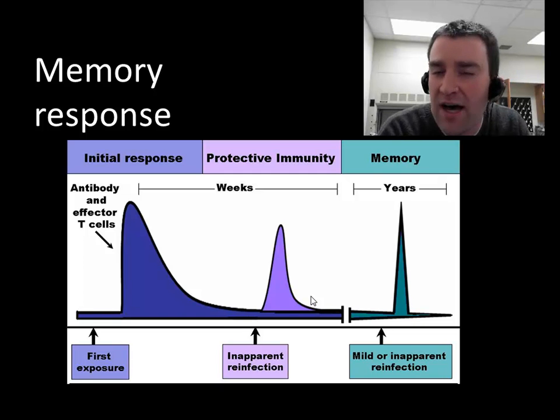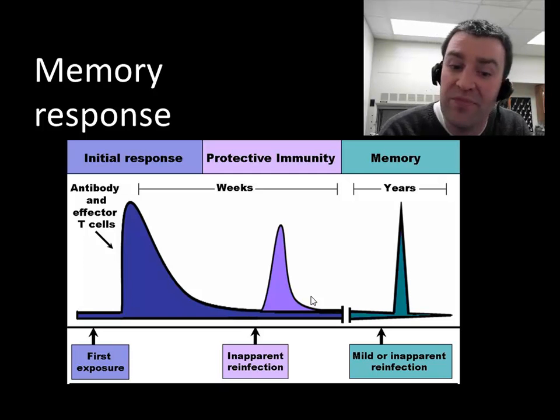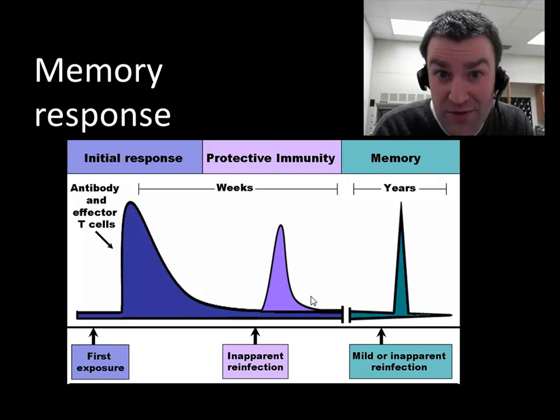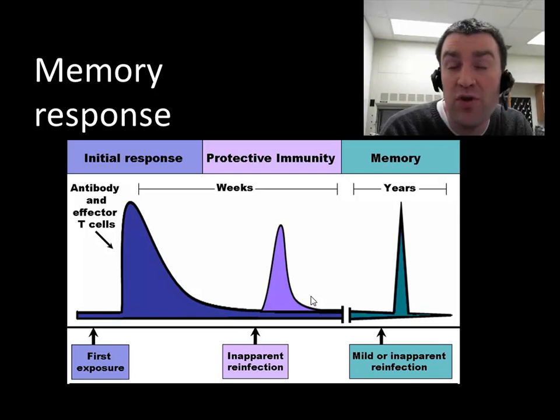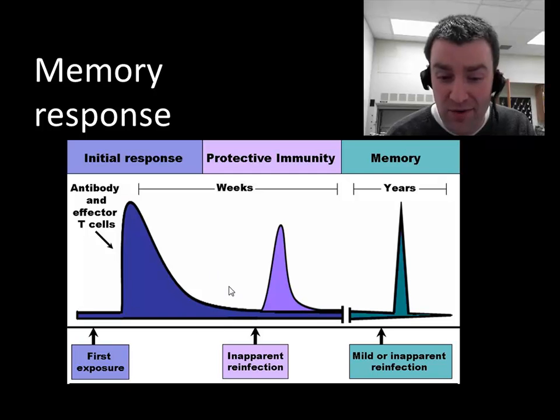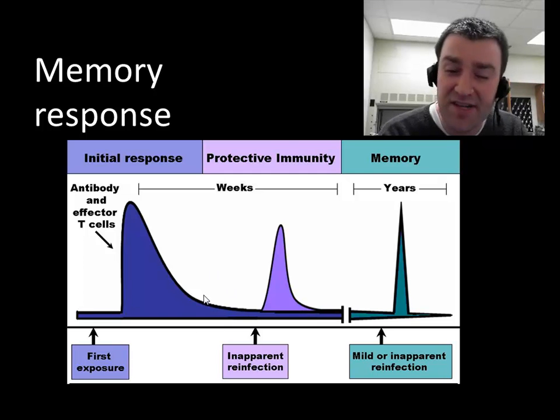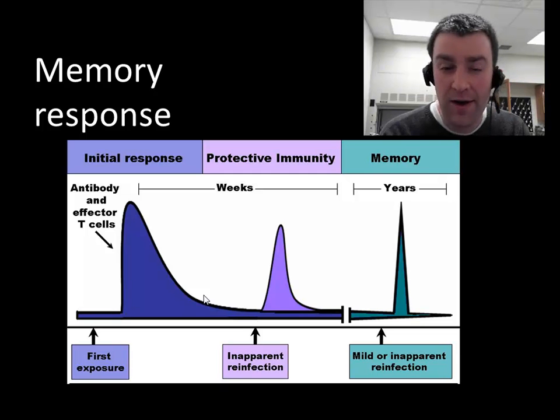So maybe we can inoculate you against, say, the measles virus or the flu virus for a particular year. And maybe you won't get sick with that virus because you already have the memory cells that fight it off before you get sick. So vaccination really has played an important role in promoting the health of populations.